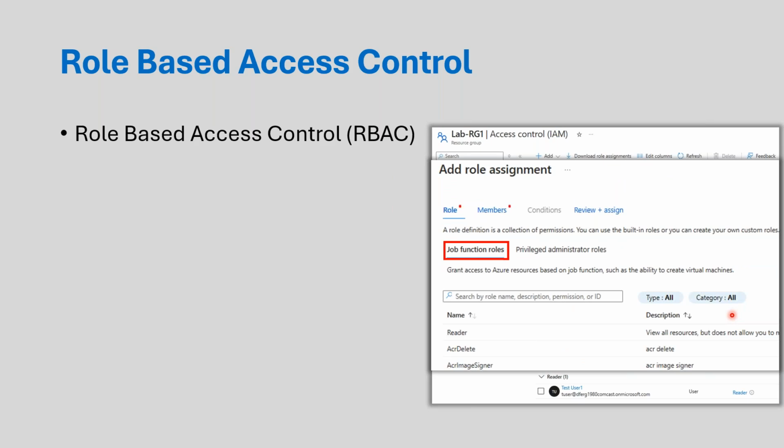Your job function roles are things like roles that pertain to compute resources, roles that pertain to storage resources, roles that pertain to networking resources. They're job function related. If I gave someone contributor role at a resource group, contributor role being a privileged administrator role, they have contributor to every resource in that resource group.